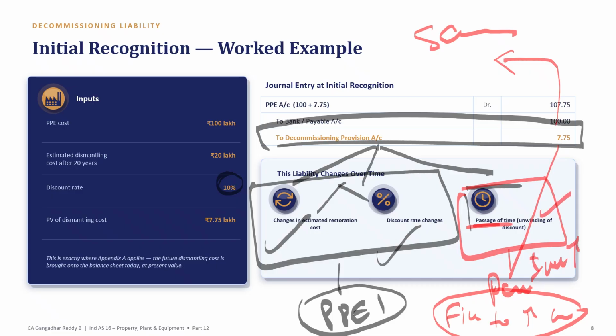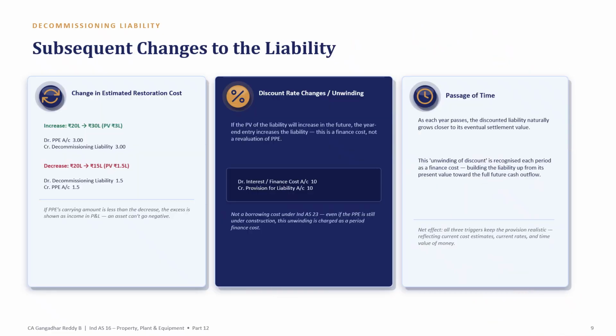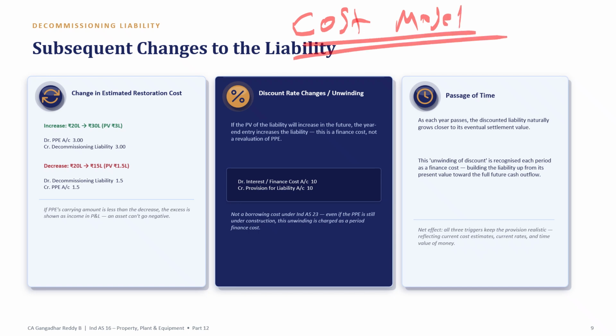This is one of the cases, but the main issue is these two. So suppose we are following the cost model. First we see the cost model example. We are following the cost model, and there is a change in the restoration cost. In that case, there is a liability after 5 years. The liability has increased, that is 20 lakhs to 30 lakhs.